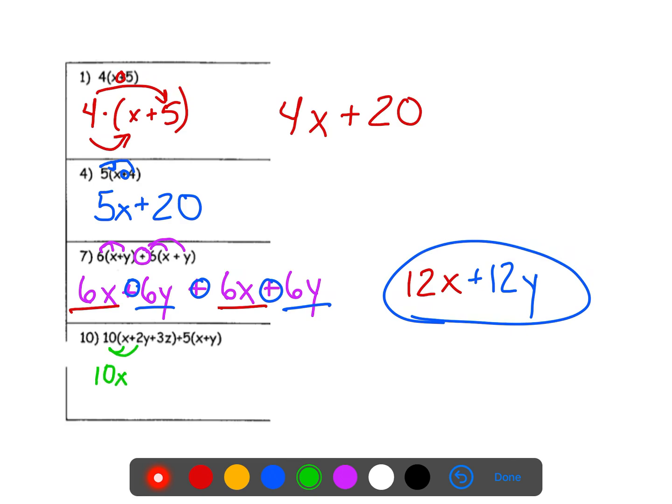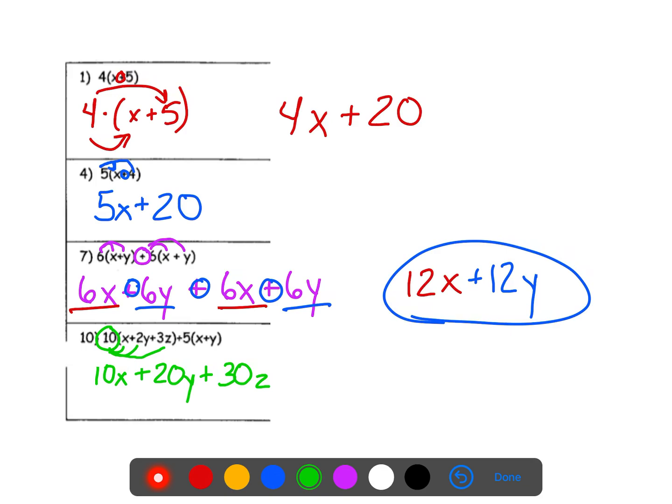Then I have 10 times 2y. So that's 20, and I'm doing all addition here. So that's 20y. Then I distribute to the last one here, 10 times 3z. 10 times 3 is 30z. And that gives me all of those three terms now that they've been multiplied by 10.